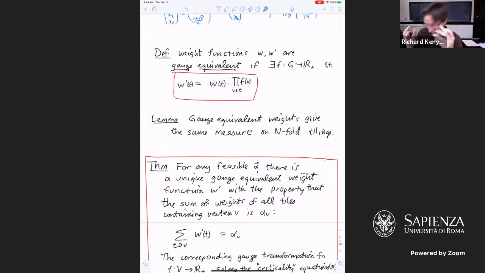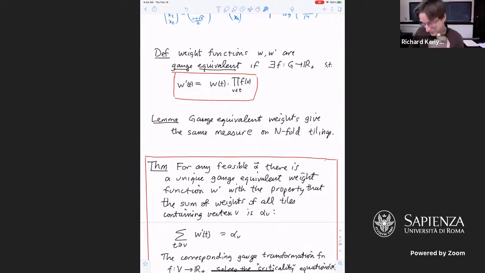It's pretty easy to see, I didn't put in the proof here, that when you construct the probability measure, gauge equivalent weight functions give you exactly the same probability measure. It's just some simple combinatorics.